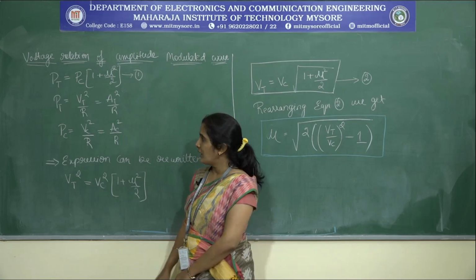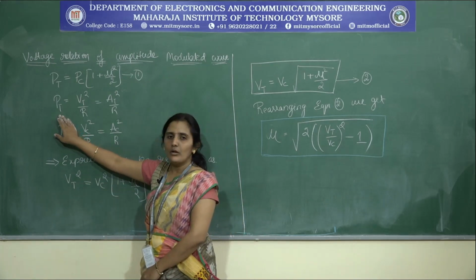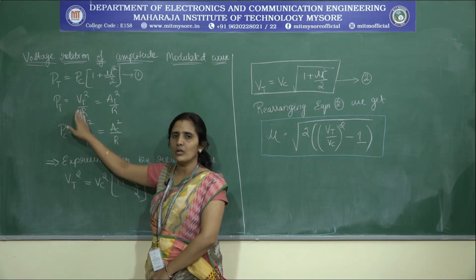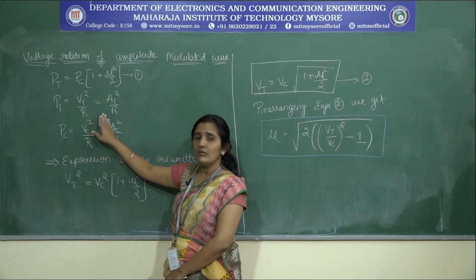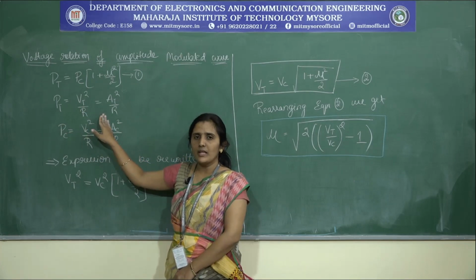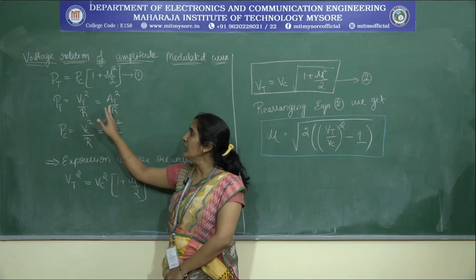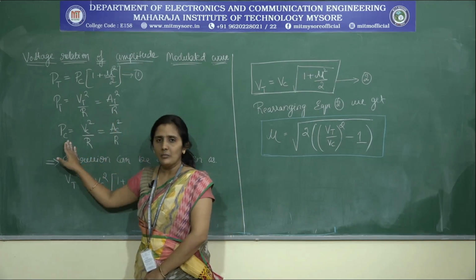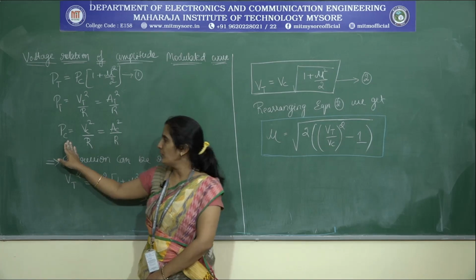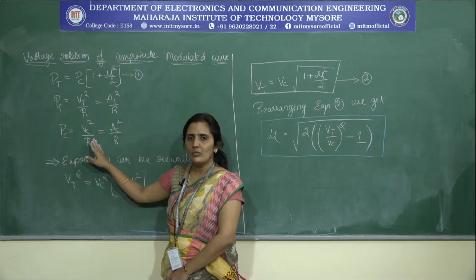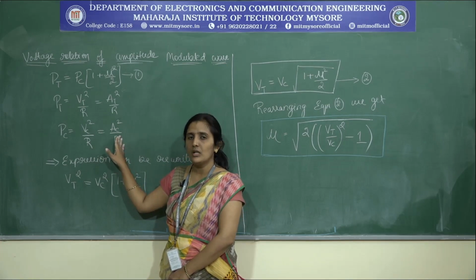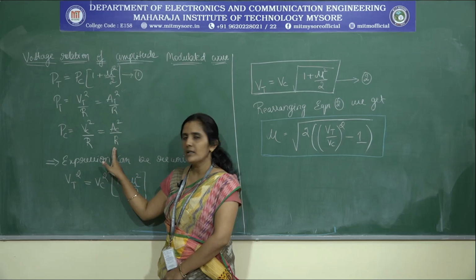Power P is equal to V square divided by R, where V is the amplitude, so A of t whole square divided by R. Now the carrier power is P of c equal to Vc square divided by R, where V is the amplitude, A of c whole square divided by R.